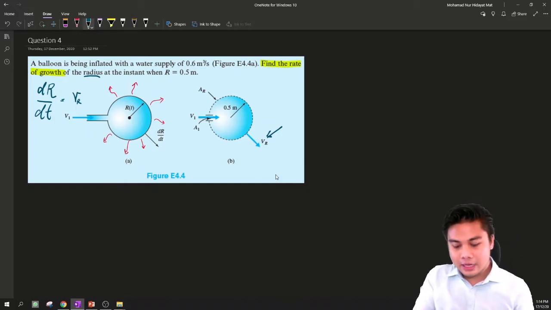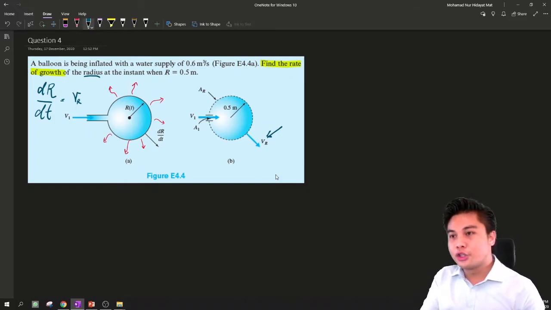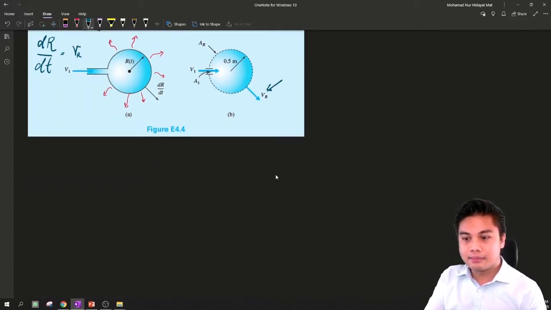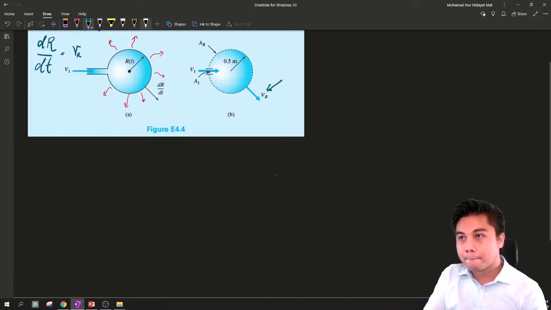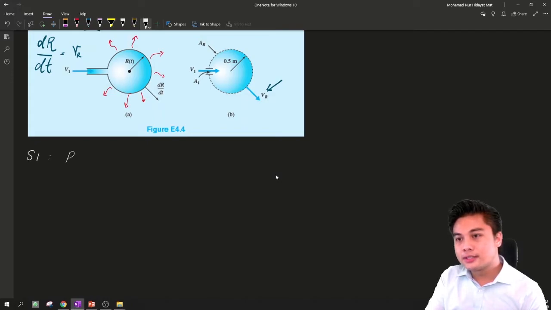So applying our Reynolds transport theorem, alright, step number 1. Apply the Reynolds transport theorem where we need to convert from the system to the control volume.